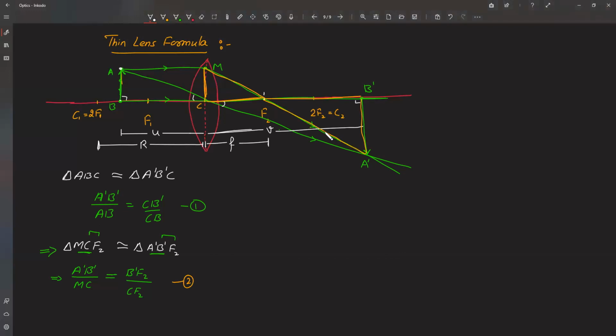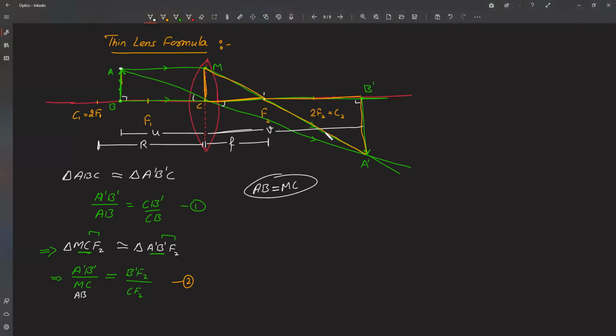And the second one, A dash B dash divided by AB is equal to B dash F2 by CF2. AB and MC are of the same length, right? The length of AB and MC is the same, so that means here also you have AB.